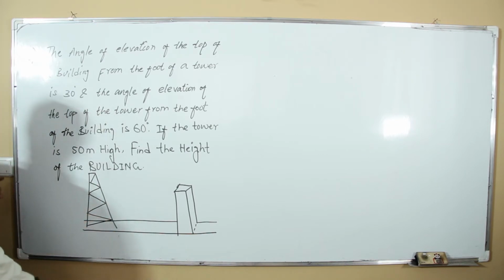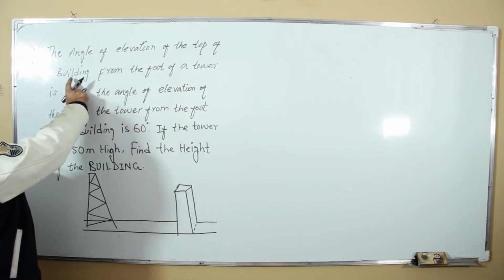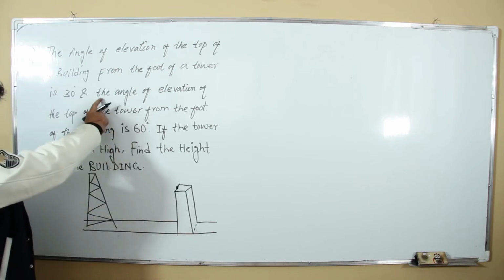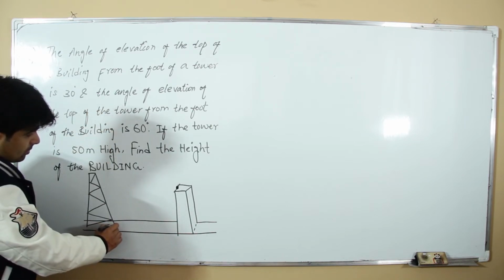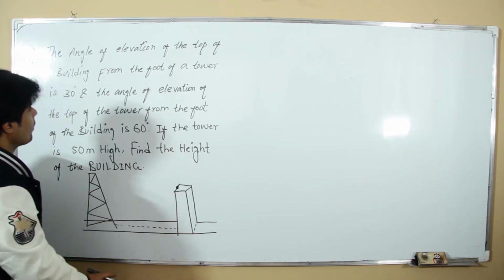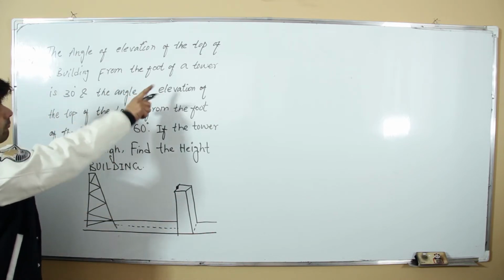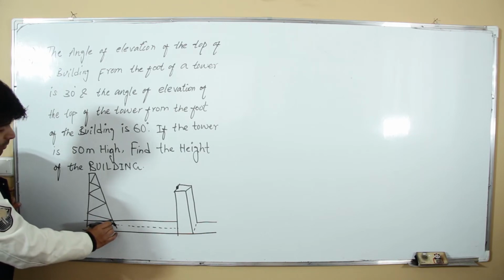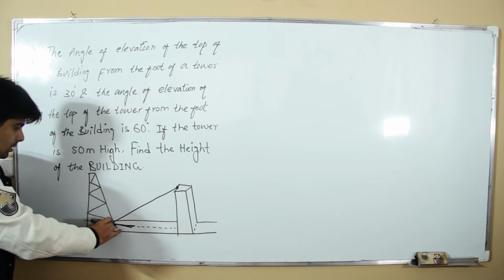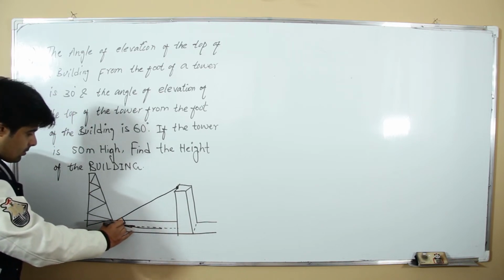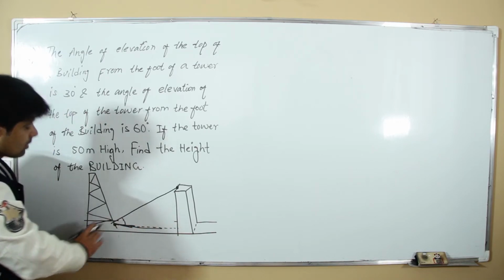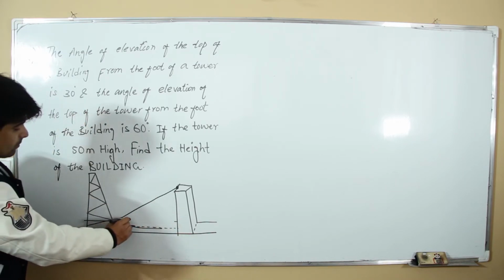Now, the angle of elevation of the top of the building. This is top of building. Angle of elevation, it means from a horizontal line up to the top one. From the foot of the tower, this is the foot of the tower and this is the angle of elevation. This angle is given. It's what? It is, I think, 30 degrees.